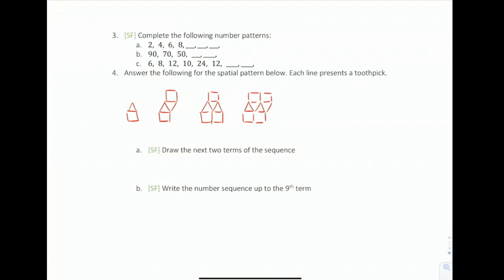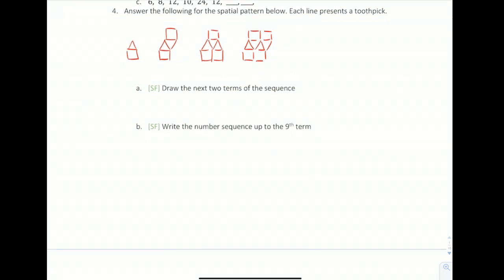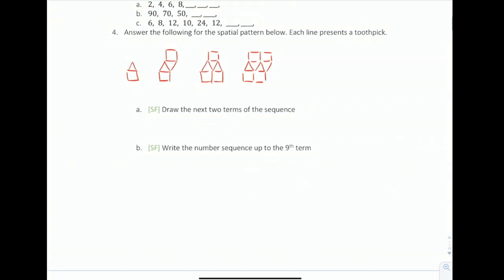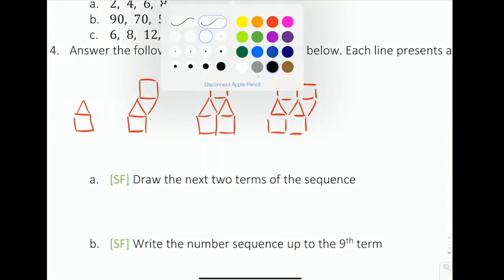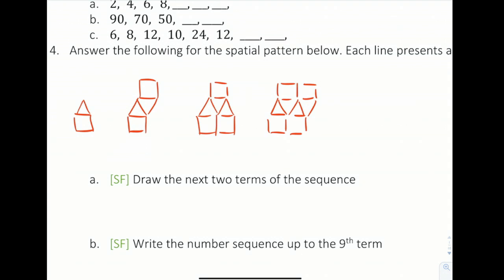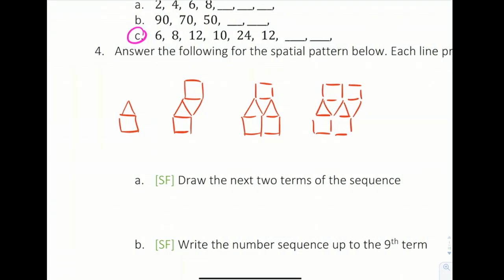She's asking about question 4 of the simple ones, and it looks like she also took a screen picture of the number sequences. So I'll try and do this one, and she also asked about the one with the cube.